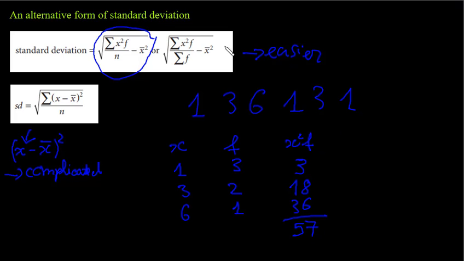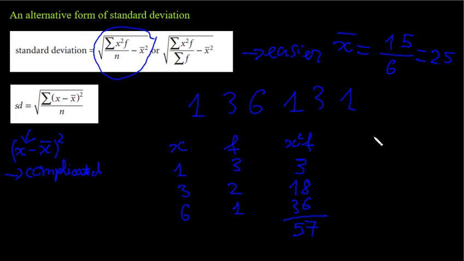So the mean of the data set is 15 over 6, which is equal to 2.5.